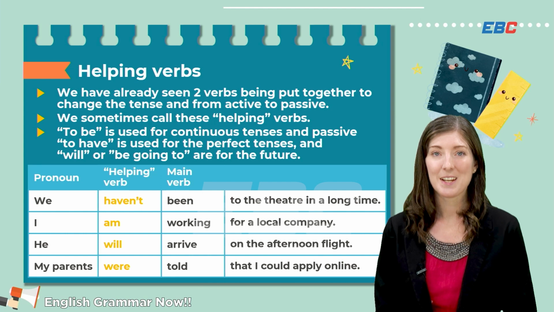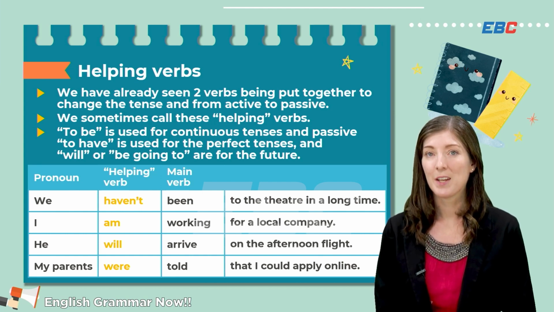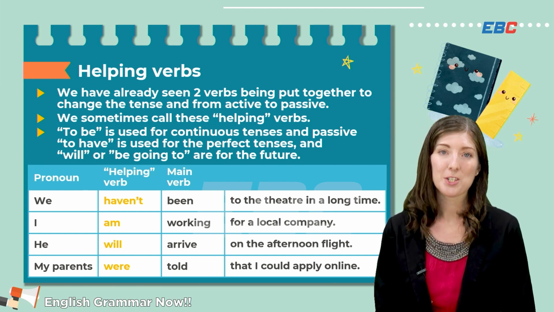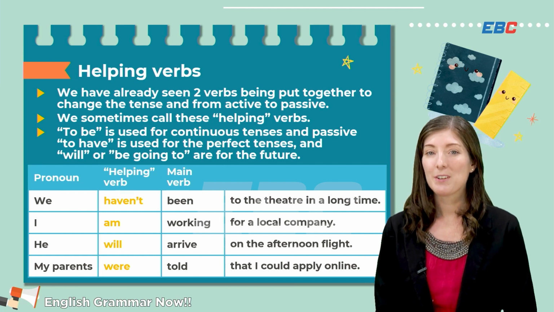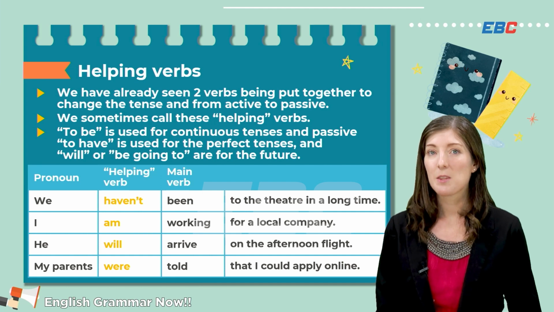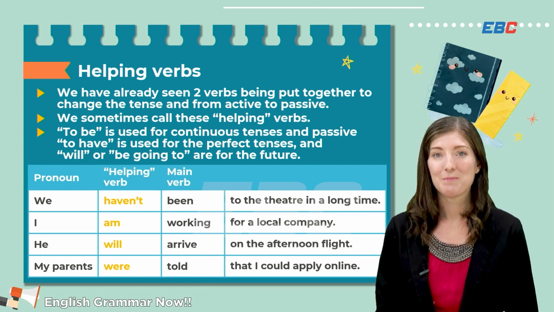In the third example, he will arrive on the afternoon flight. We're using will as a helping verb to talk about the future. And in the last one, my parents were told that I could apply online. This is the passive, using to be as a helping verb.